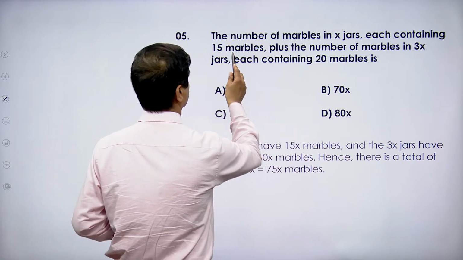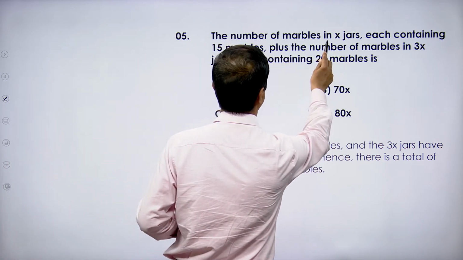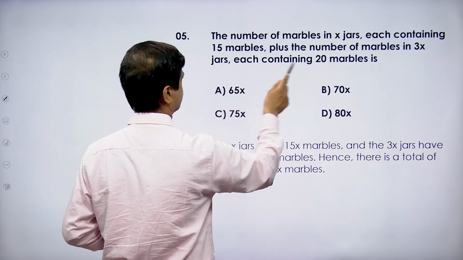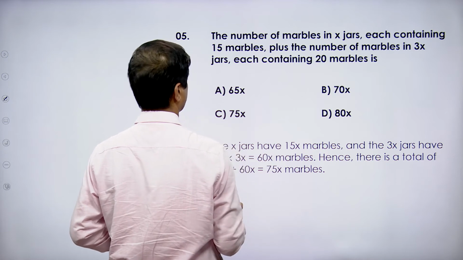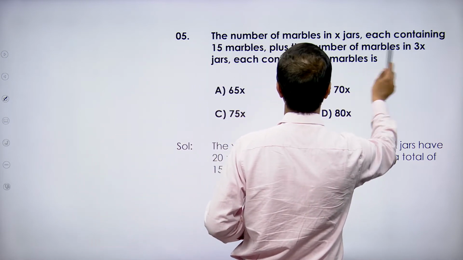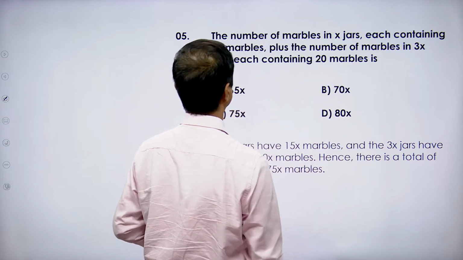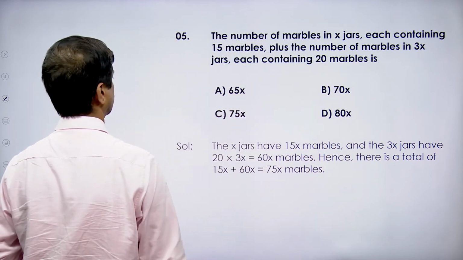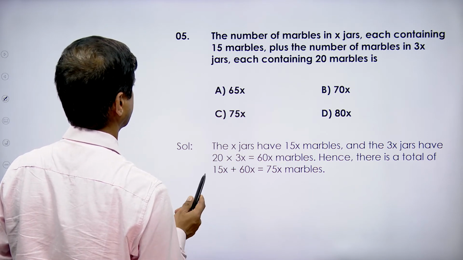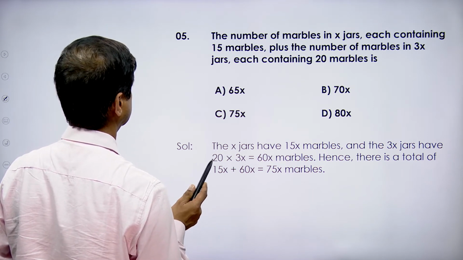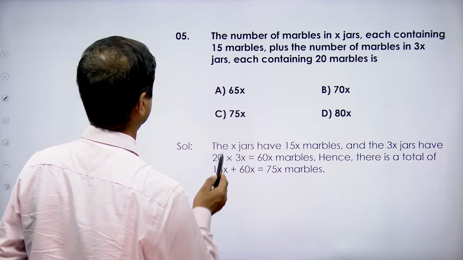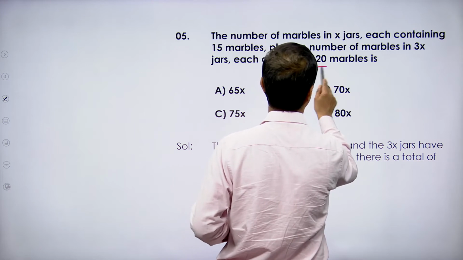The number of marbles in x jars, each containing 15, means 15x marbles, plus the number of marbles in 3x jars. So 3x into 20 marbles, yes, he gave 20 marbles, no?